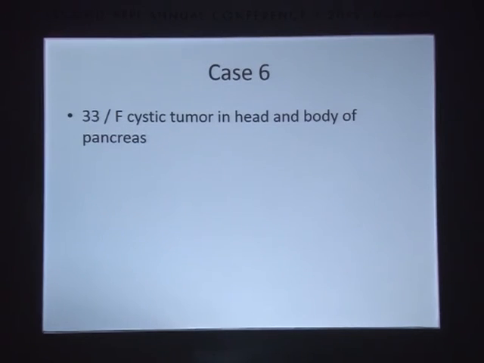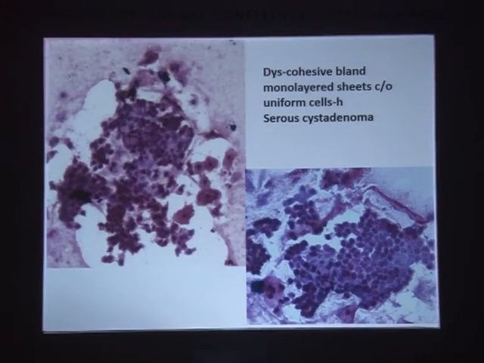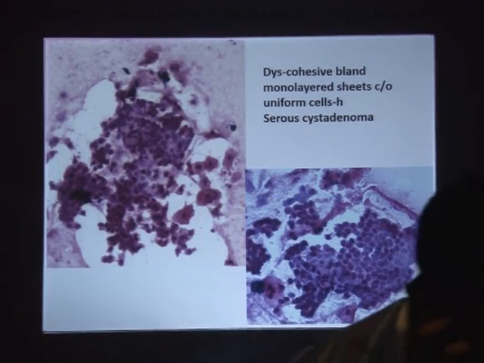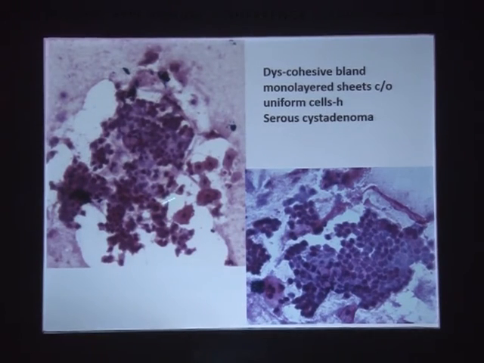This was a 33-year-old female patient. There was a cystic tumor in the head and body of pancreas, and we found this very poorly cellular aspirate. Very few of such clusters could be identified in the material.